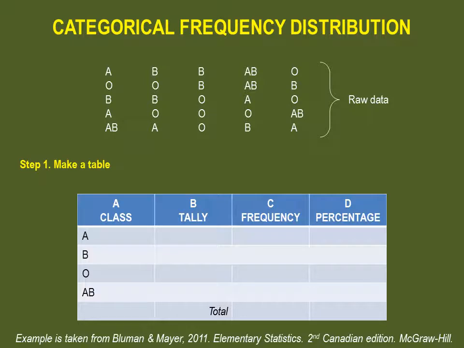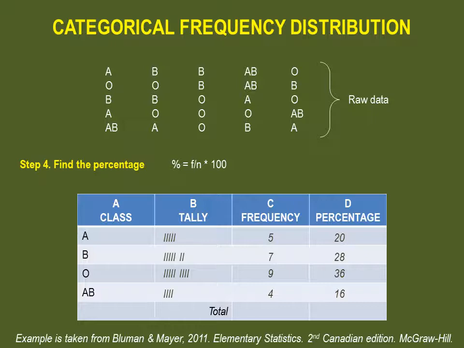We have 4 columns, one for the classes, one for the tally, one for the frequency, and one for the percentage. Step 2 is to tally the data and place the results in column B. Step 3 is to count the tallies and place the results in column C. Step 4 is to find the percentage of values in each class by using the formula that you see here, where F is the frequency of the class and N is the total number of values in the data set.